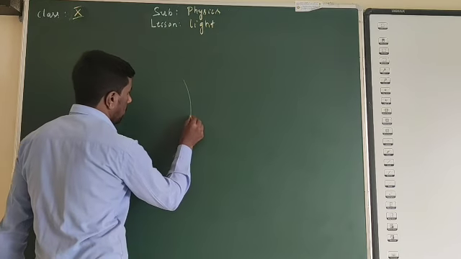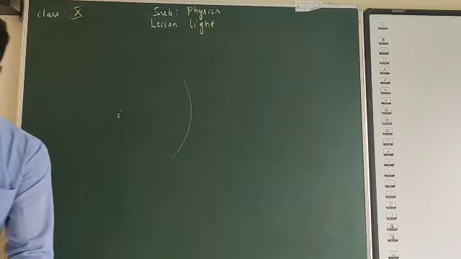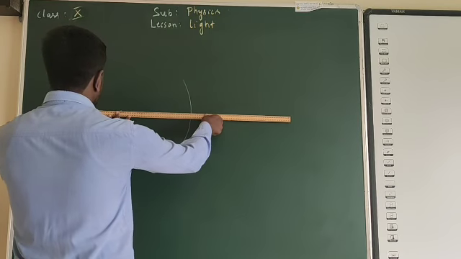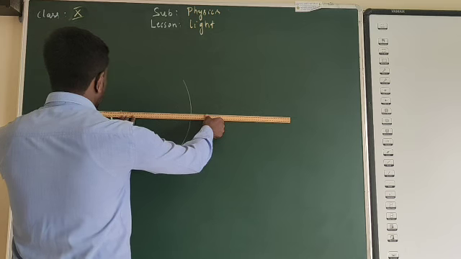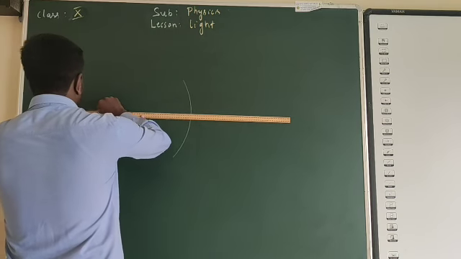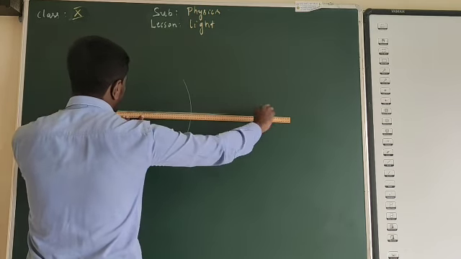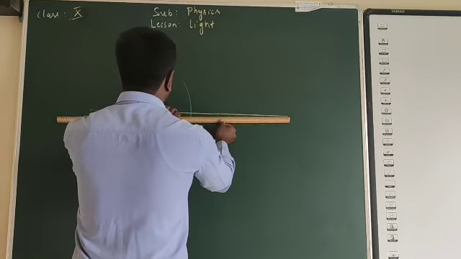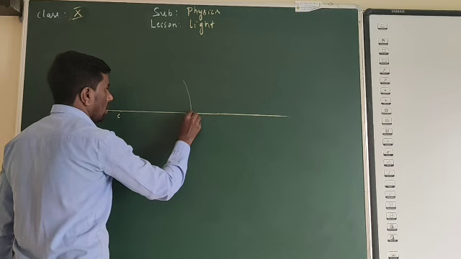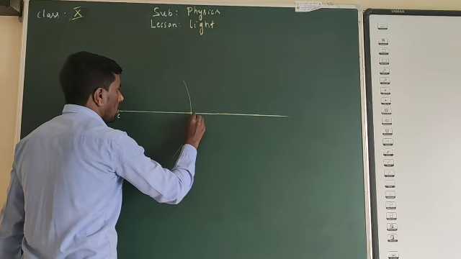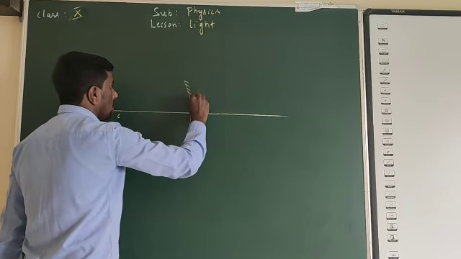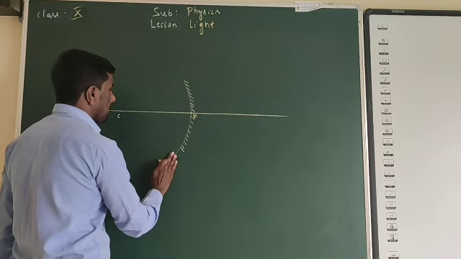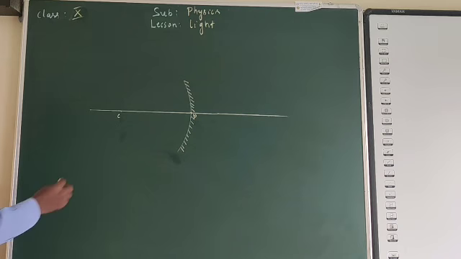So we mark a point here and join it in order to get the principal axis. Okay, so this is the pole. Okay, so this is the center of curvature.